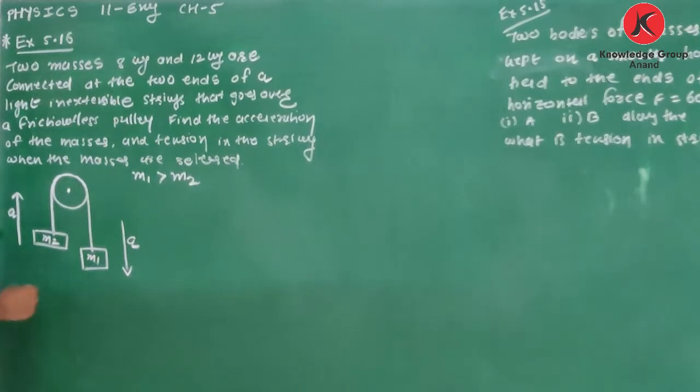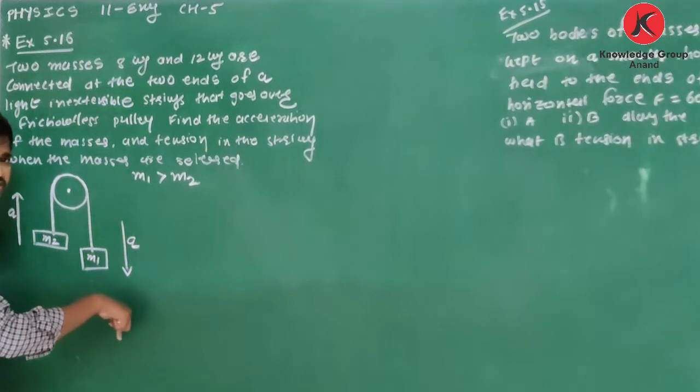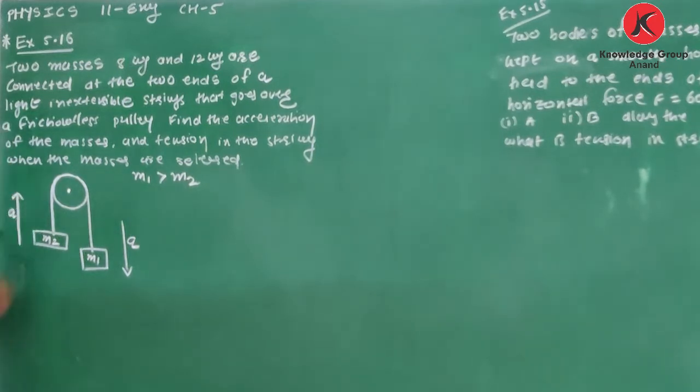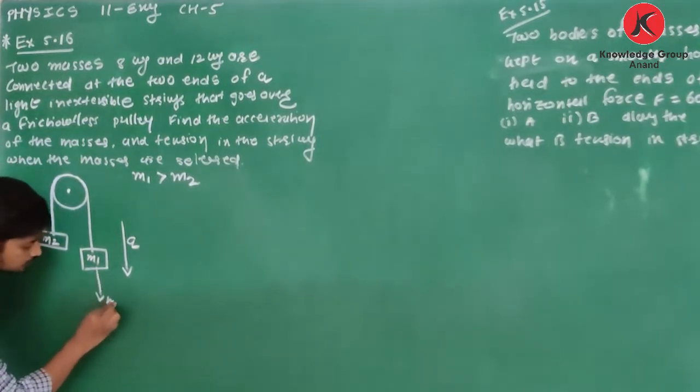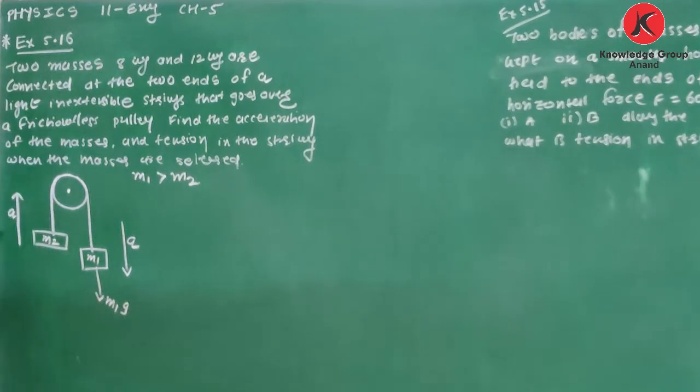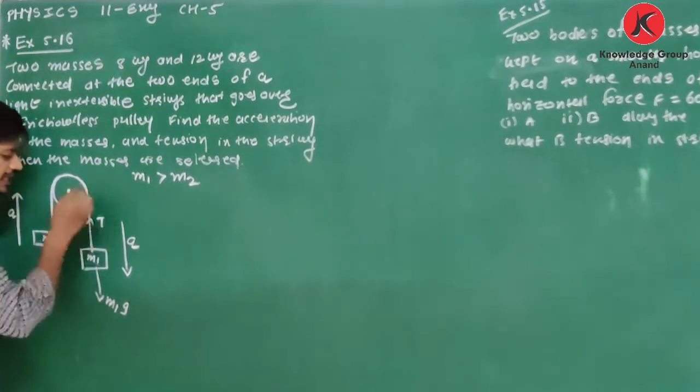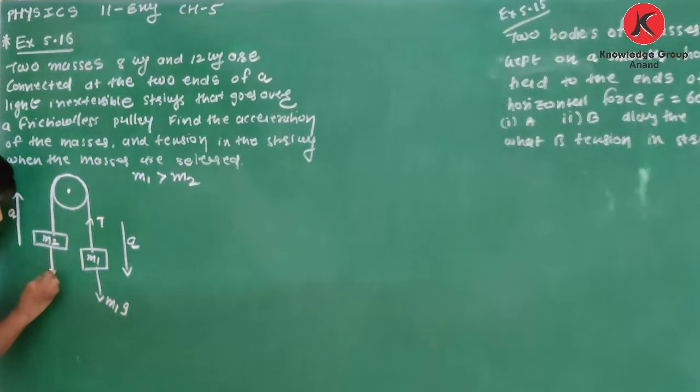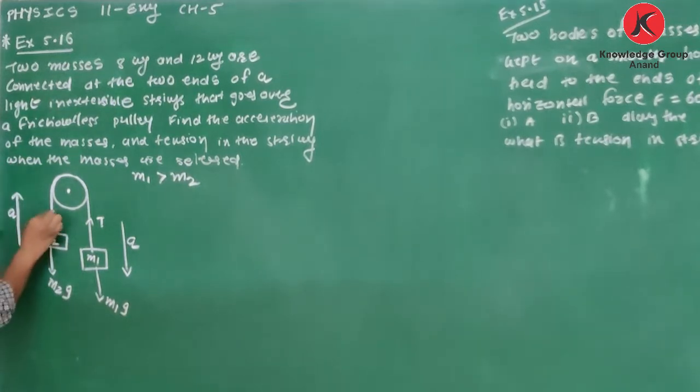Here M1 is greater than M2. It is moving with acceleration in downward direction, and M2 is moving with acceleration in upward direction. Also, forces acting on blocks. On this block, the force acting in downward direction is its weight, and the tension produced in the string is T. Also, on the other block, the gravitational force, that is weight, is always acting in downward direction, and tension T in upward direction.